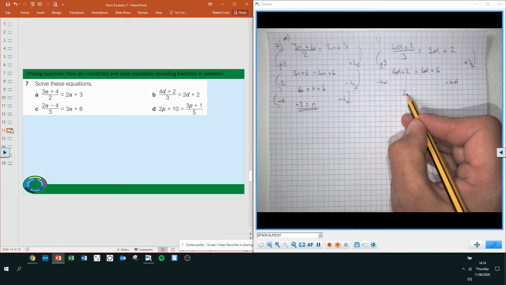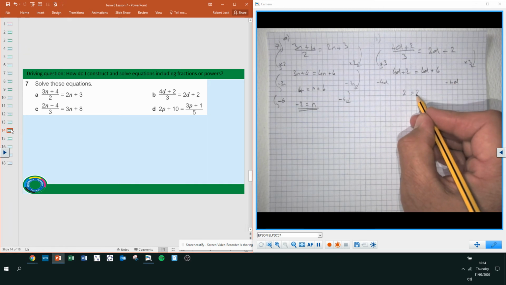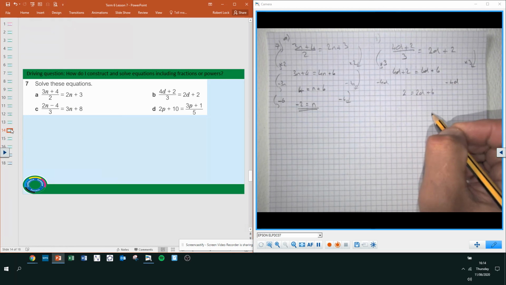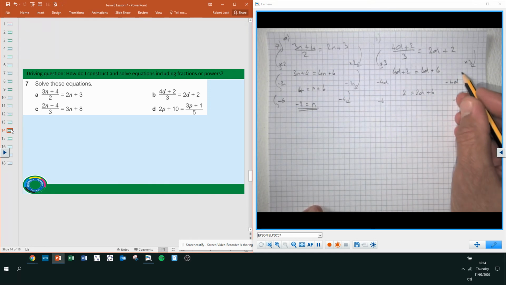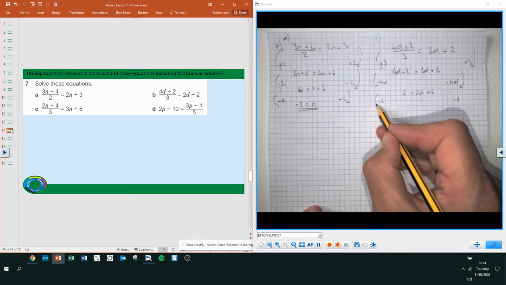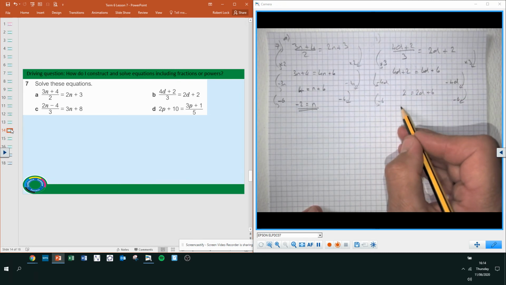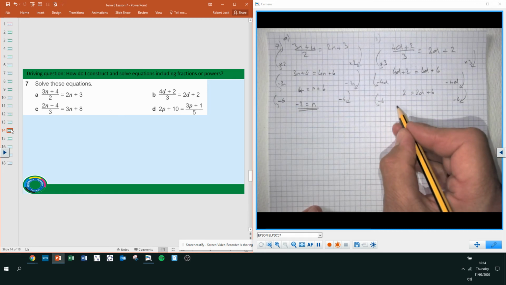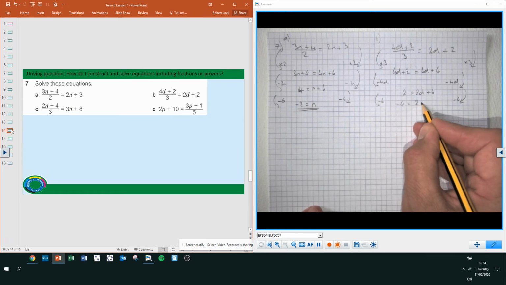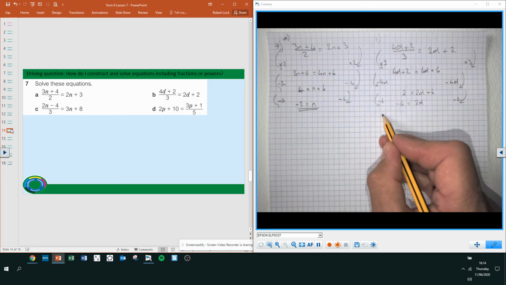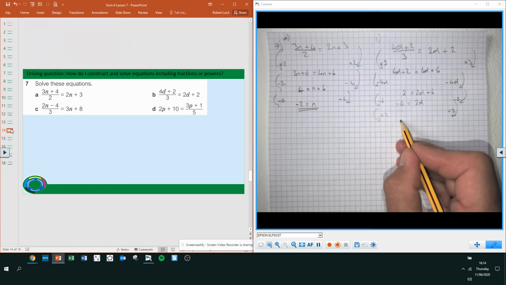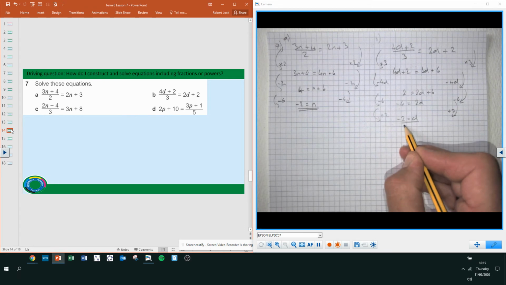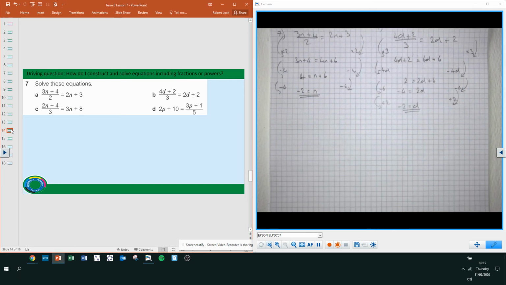We end up with 2 equals 6d take away 4d is 2d plus 6. To get rid of the plus 6, we take away 6 on both sides. Bring the arrows down. So we end up 2 take away 6 is minus 4 equals 2d. Divide both sides by 2. End up at minus 4 divided by 2 is minus 2 equals d, or d equals minus 2. C.